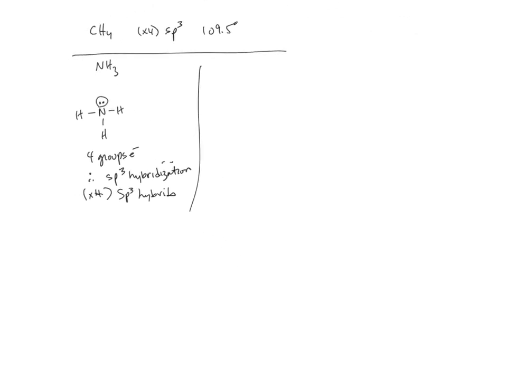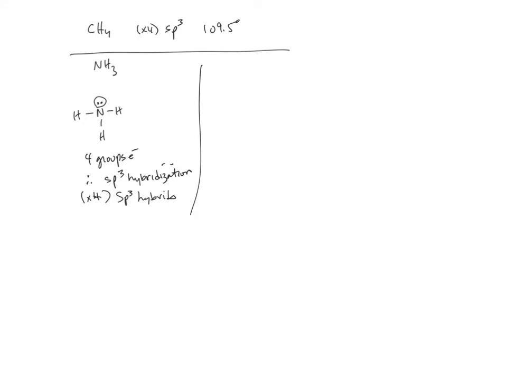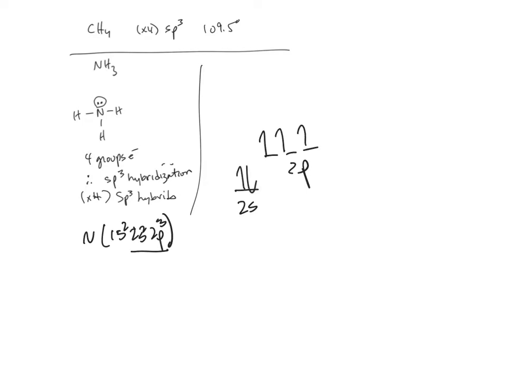Now let's look at the orbital diagram, so you have nitrogen, which is going to be 5 electrons in the valence shell, 7 total, 1s2, 2s2, 2p3. So there's 5 electrons in the valence shell. You have 2s, 2p, 1, 2, 3, 4, 5.